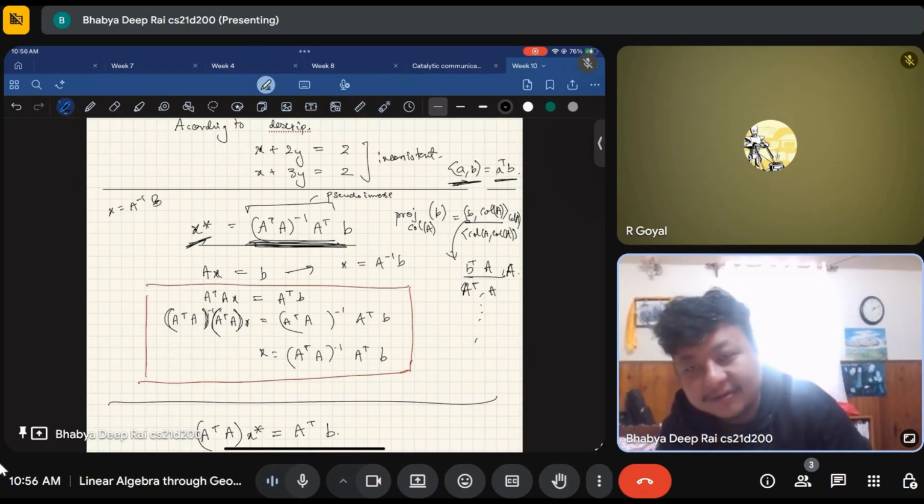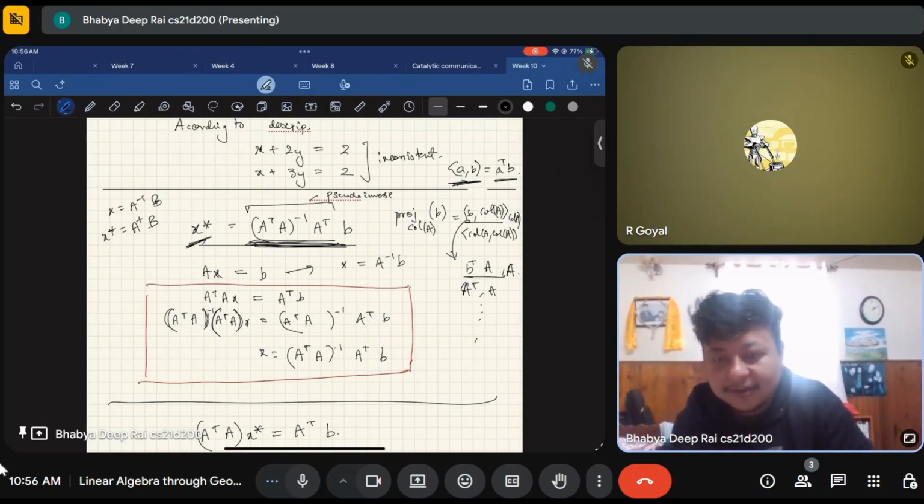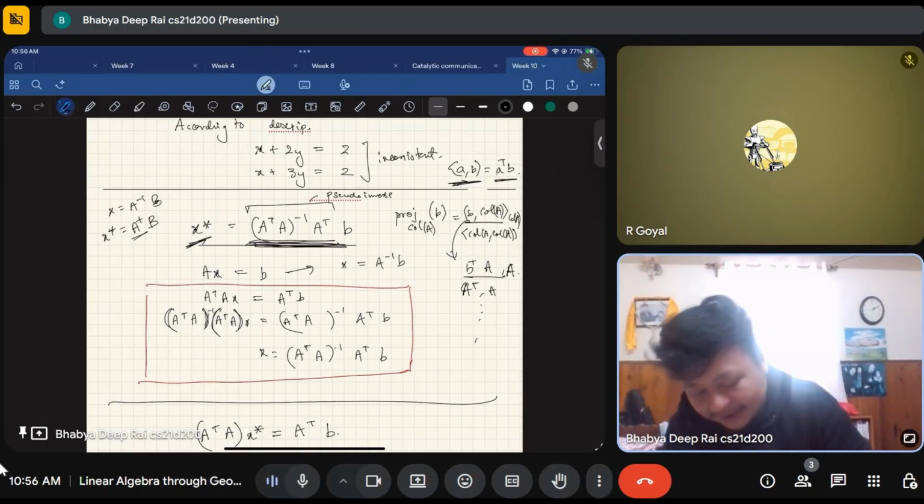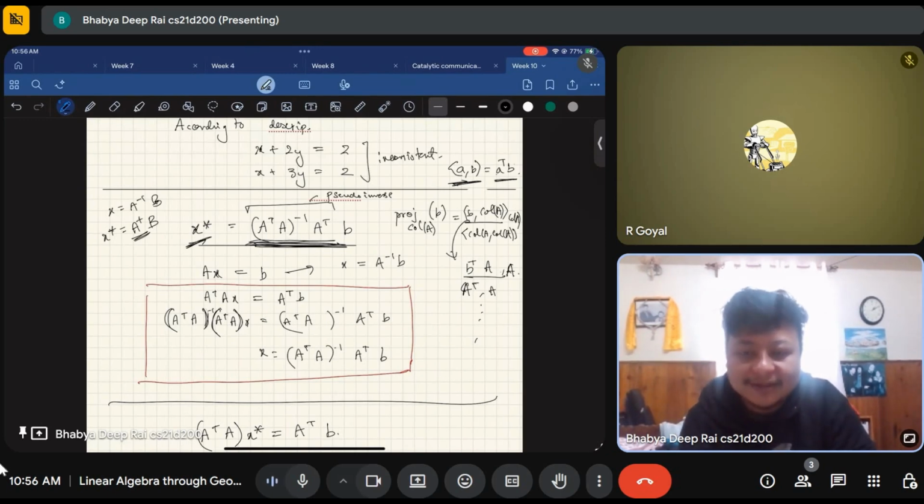We can find something close, that is x star. We are saying x star equals the pseudo inverse, denoted A plus. It's not literally an inverse, but it is something like a false inverse, so we call this the pseudo inverse.